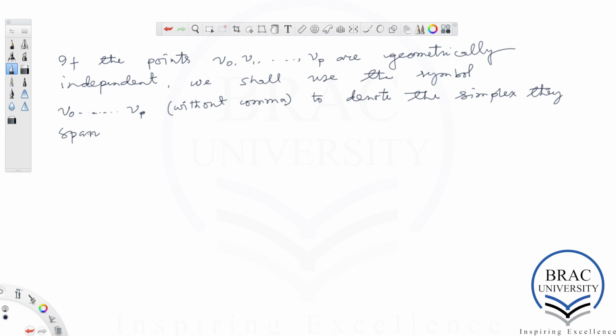Okay. So this is the notation for just the simplex.